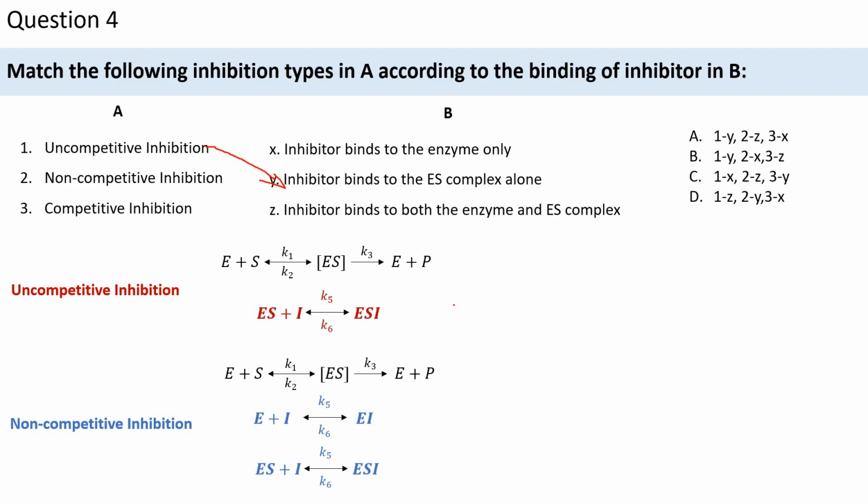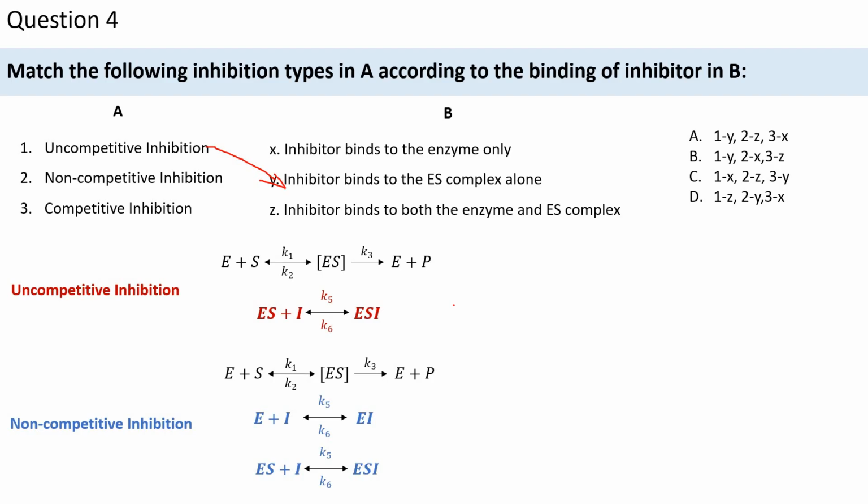Either way, the binding sites of the inhibitor and the substrate will be completely different. That's what I'm trying to mean here. The inhibitor will have a separate binding spot, so it's not going to compete with the substrate at all.